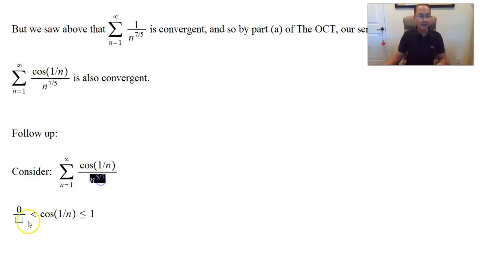So 0 over n to the 5 over 7 is less than cosine 1 over n divided by n to the 5 over 7, which is less than 1 over n to the 5 over 7. However, this bigger series is no longer convergent, right?